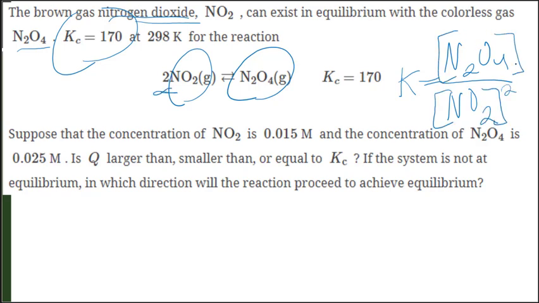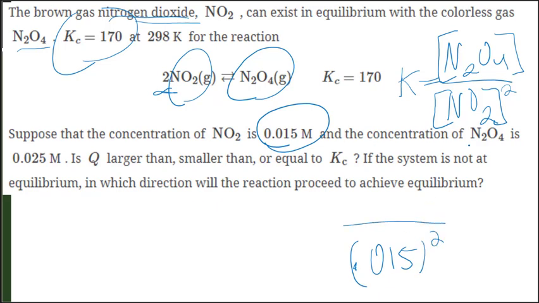So the concentration of N2O4 divided by the concentration of NO2 squared. Suppose that the concentration of NO2 is 0.015. So that's my denominator, 0.015, and I'm going to square it, and the concentration of N2O4 is 0.025. So that's my numerator, and this is our Q.